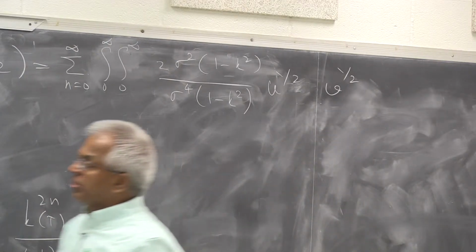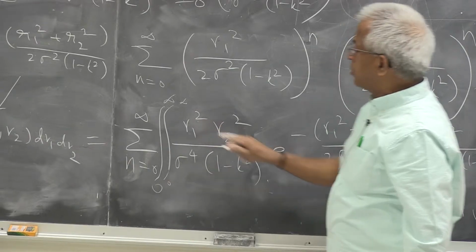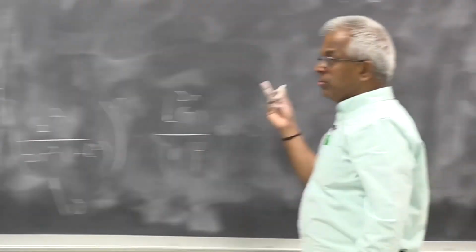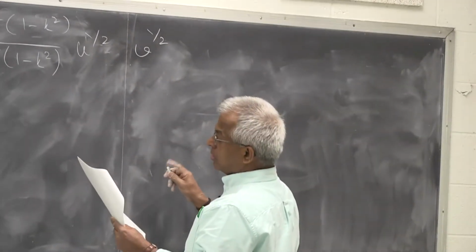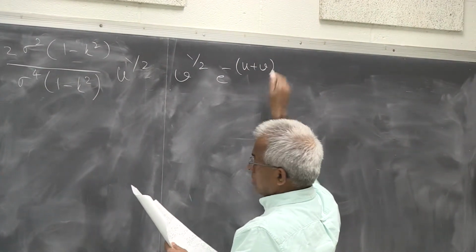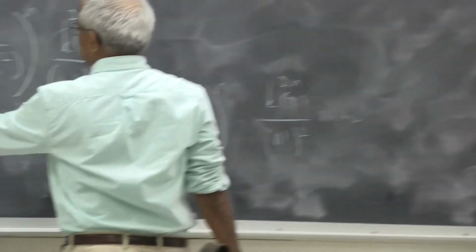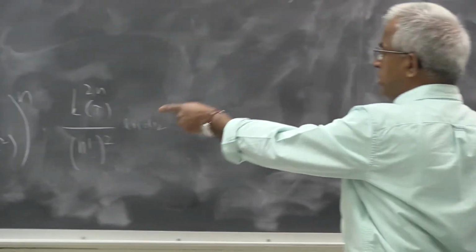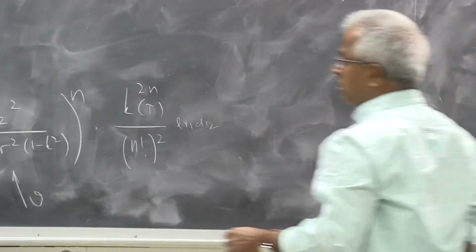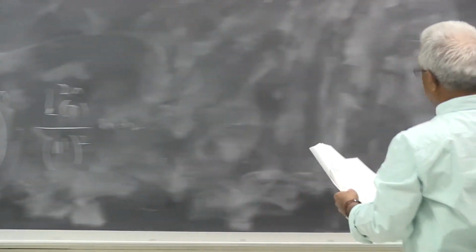This is coming from here because we pick up R1, R2 will remain here. One R1 dr1 will give you du. So still there will be e raised to u plus v. That's this term, because u is R1 squared over 2 sigma squared multiplied by 1 plus k squared. So that's simply u plus v.